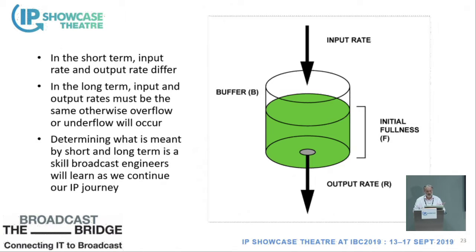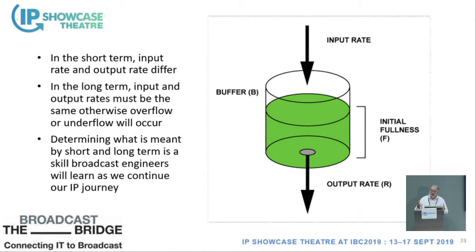So in the long term, the input and the output rates must be the same. Otherwise, overflow and underflow will occur. But in the short term, we expect the input rates and the output rates to be different. And determining what is meant by short term and long term is a skill broadcast engineers will learn as we continue our IP journey.